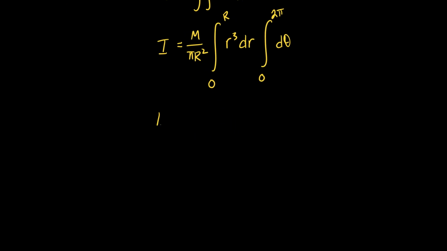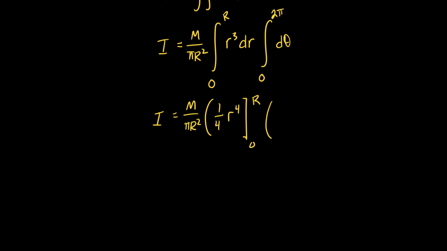All right, this is just math now. I'm going to do the same thing I've been doing this whole time. M over pi r squared is just a constant. R cubed, add 1 to the exponent, divide by the new exponent. 1/4 r to the 4th, evaluated from 0 to R. Go to the next one.